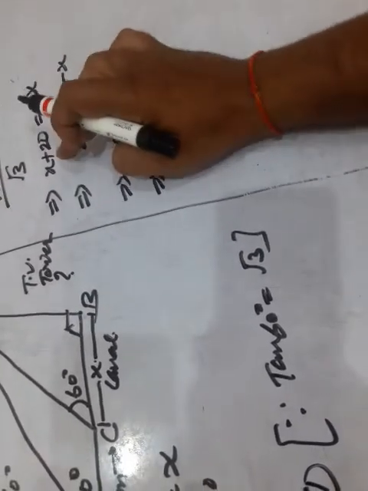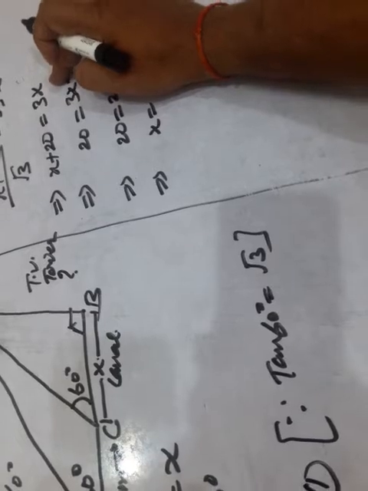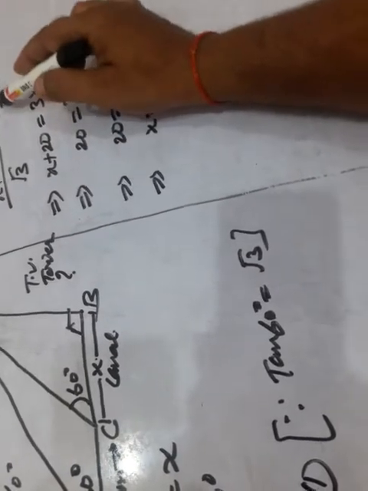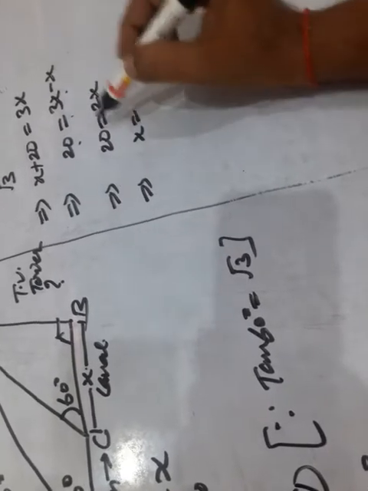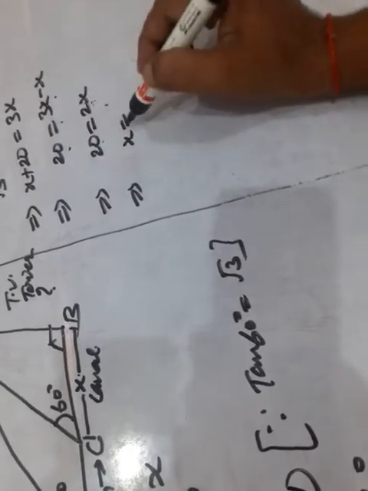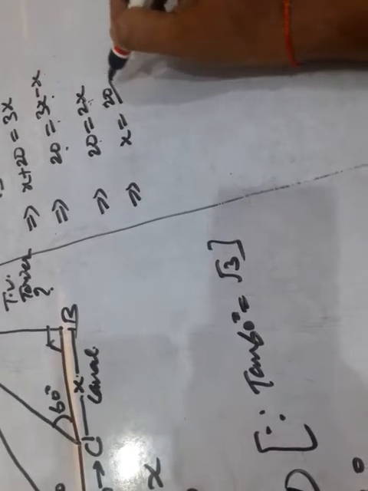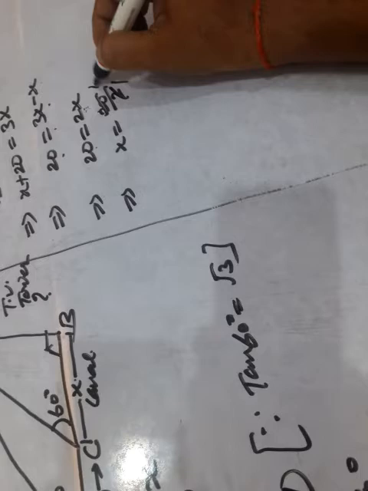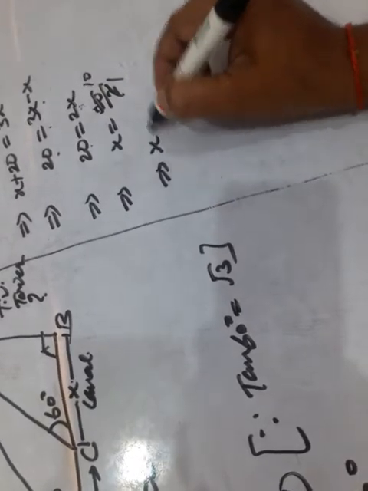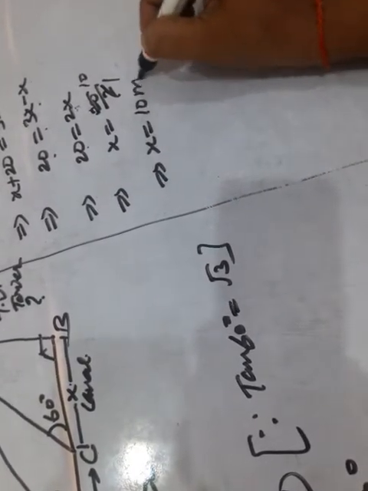Clear children? Root 3 into root 3 is 3. Then 20 equals 3x minus 2x, so 20 equals 2x. Then x equals 20 upon 2, that is x equals 10 meter.